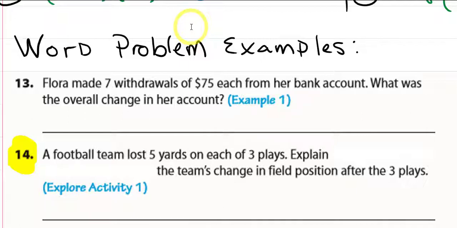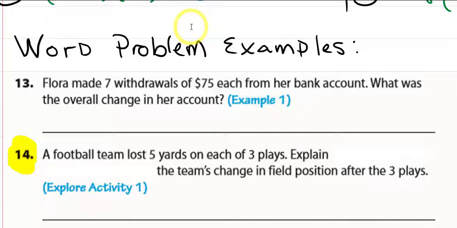So I see here in this example that Flora made 7 withdrawals, and they were of $75 each time. So what's going down is her bank account by $75. Making a withdrawal, going into the bank or going to the ATM, is an action that you take. That's not necessarily going to be a negative.